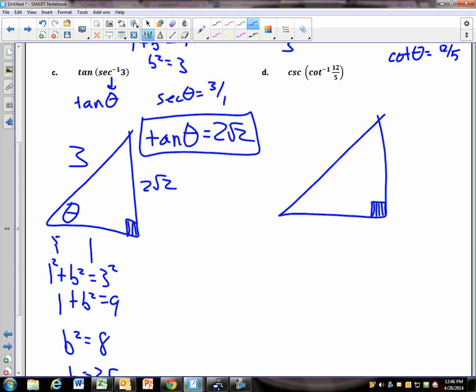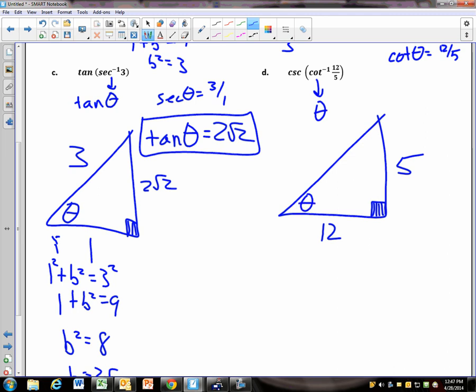Adjacent over opposite. 12 over 5. So I know that much of a triangle. Well, if you do cotangent inverse of something, you come up with an angle. This angle, right there.